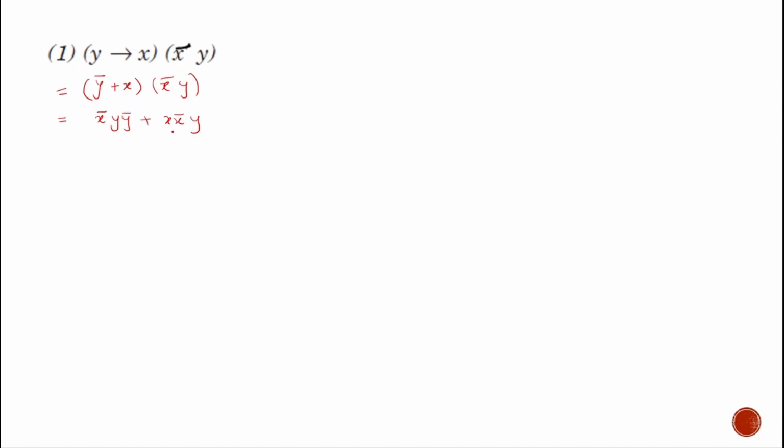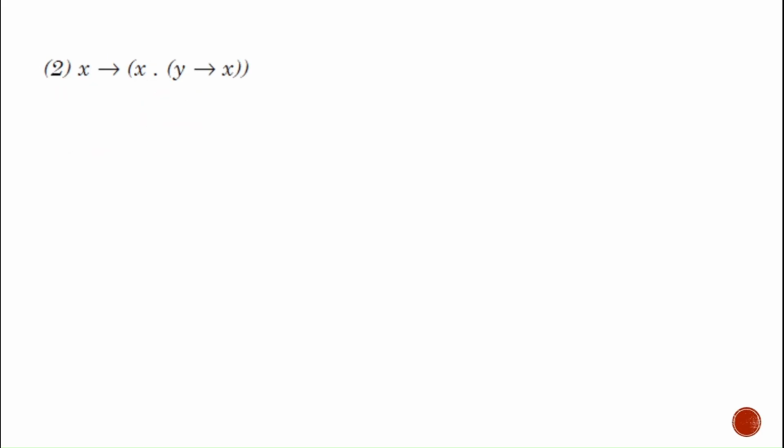So y into y bar is 0 and x into x bar is also 0. This is the negation law. So this becomes 0. What does 0 mean? In Boolean algebra, 0 means that the function is identically equal to 0. It means that it doesn't give output 1 at any place of the truth table. So there are no min terms or sum of product expansion that could represent this function.